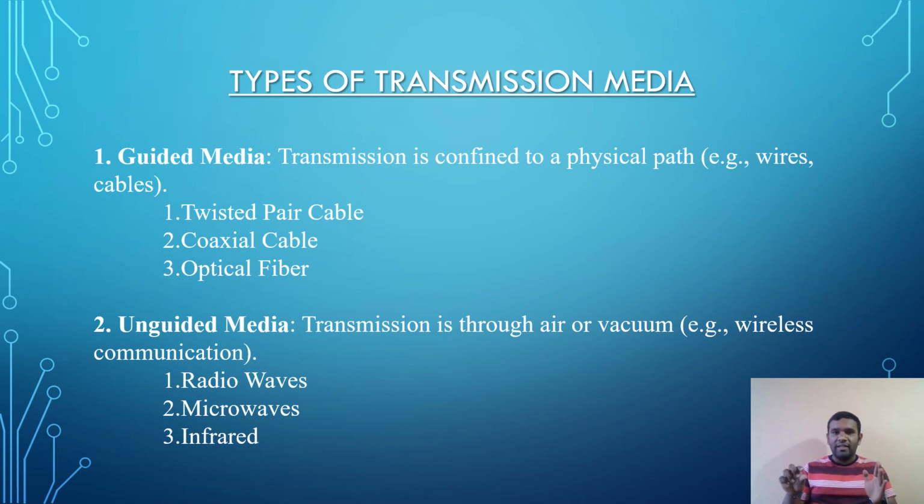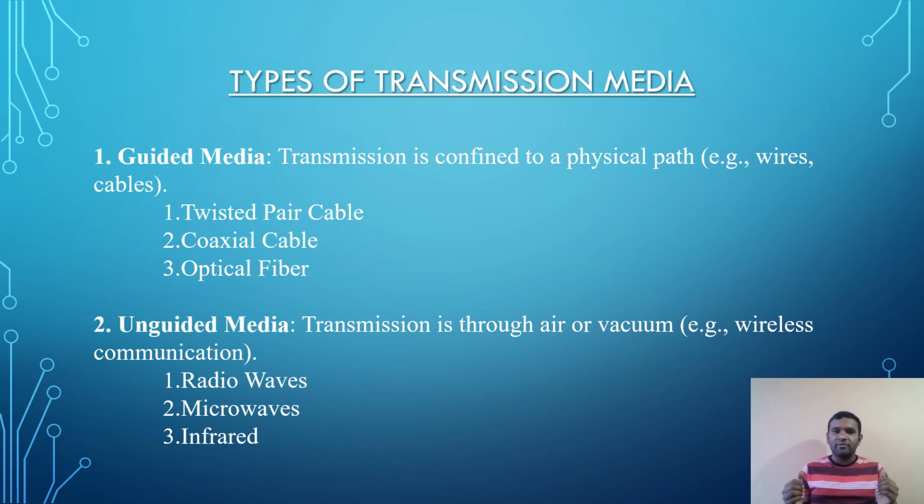It is called guided media because the transmitting message goes through a physical path, so it is connected end to end, which means it is guided to where it has to get connected. The message will not get missed in between anywhere.